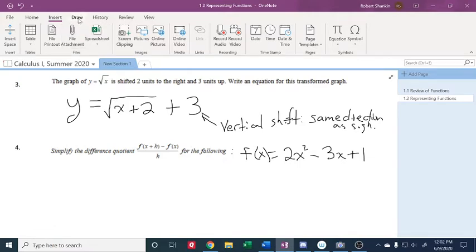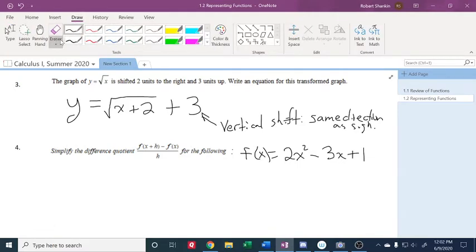So the correct answer here is going to be minus. And so that's the correct answer.